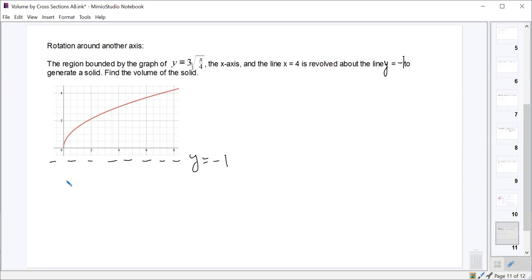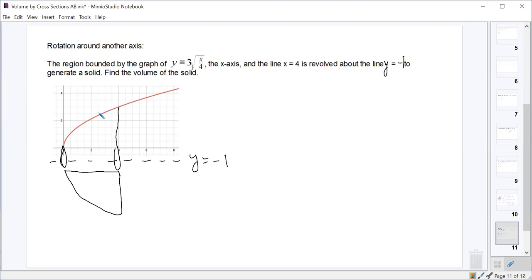We're going to go around y equals -1, which means that this region from 0 to 4 is going to end up with something that's like this with a hole through the middle of it again.